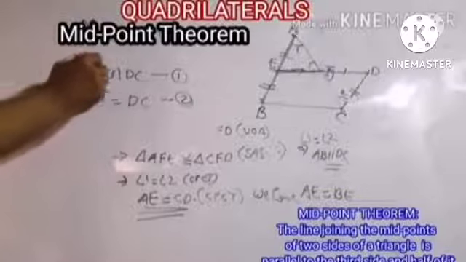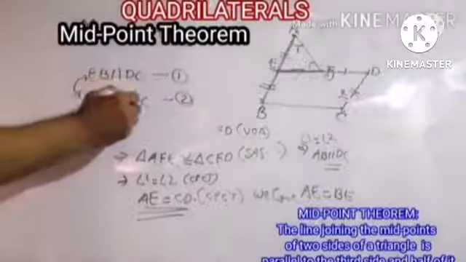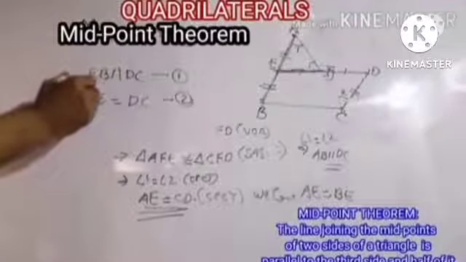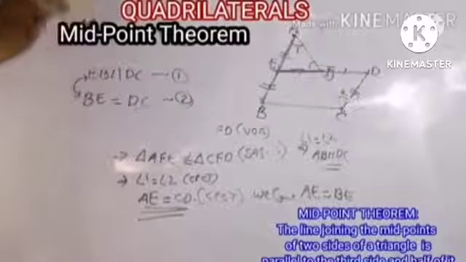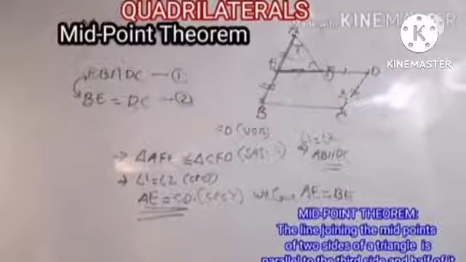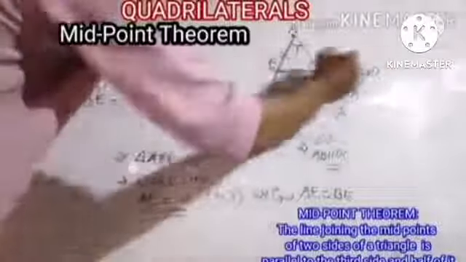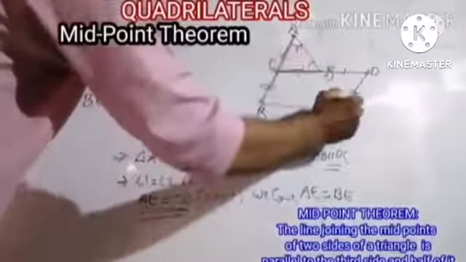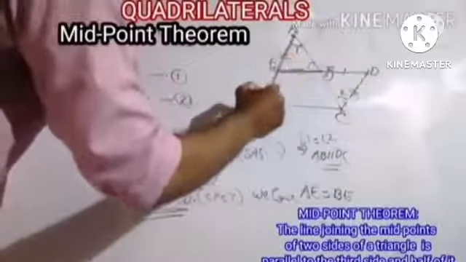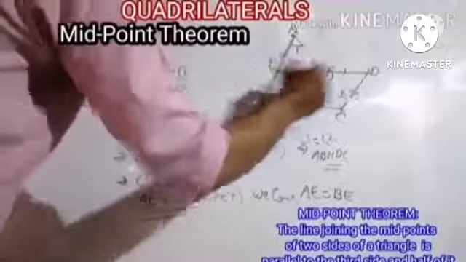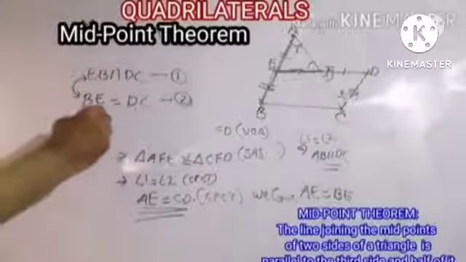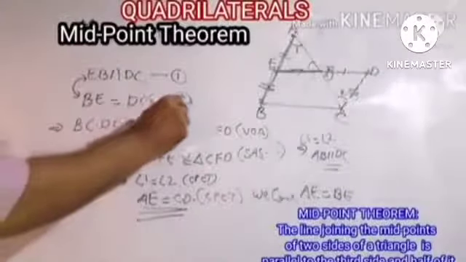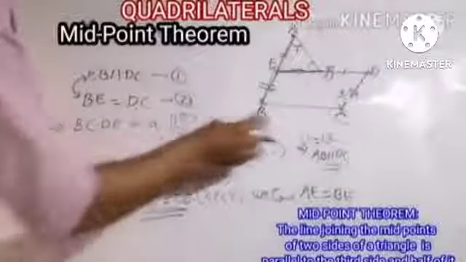EB is parallel to DC, and here EB equals DC. With one pair of opposite sides parallel and equal, the quadrilateral becomes a parallelogram. In this figure, BCDE is a quadrilateral, and BE and CD are equal and parallel, which implies the figure BCDE is a parallelogram.